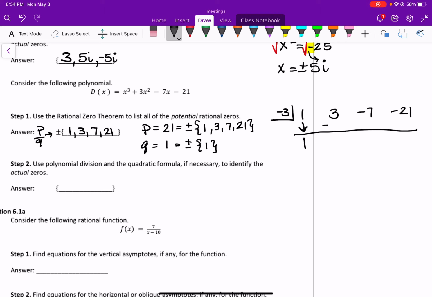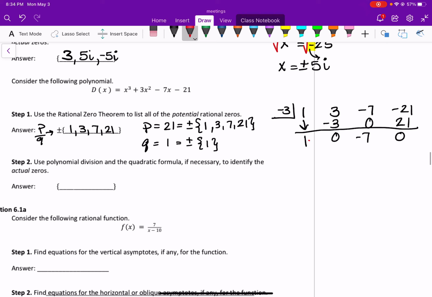So 1 times -3 is -3, gives us 0. -3 times 0 is 0, so we have -7. -3 times -7 is a positive 21, which gives us our 0. And we're actually in the same spot we were just a minute ago. We have our x squared, our constant, our x, which is 0, and then our constant. So our equation is going to be x squared minus 7 equals 0.